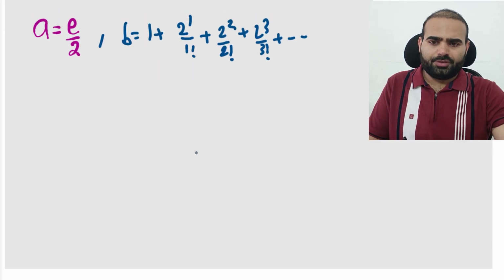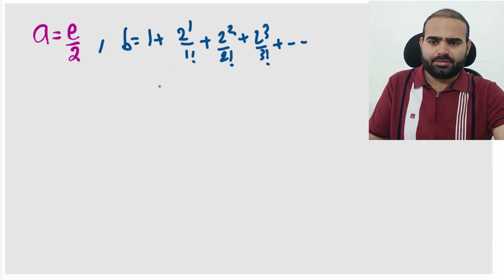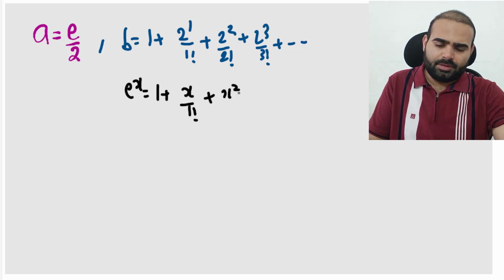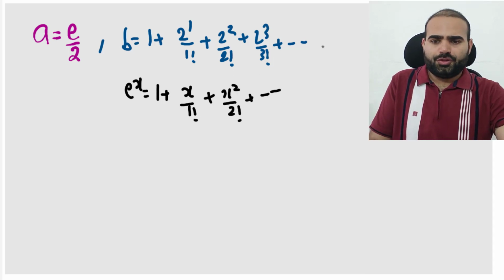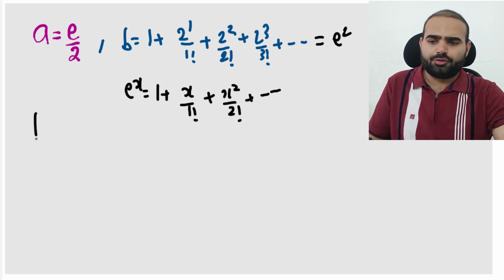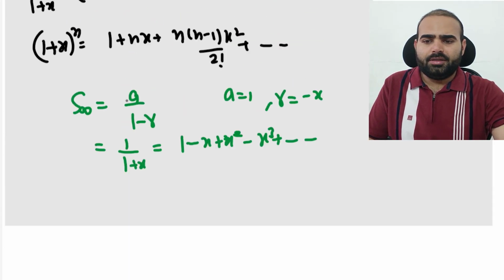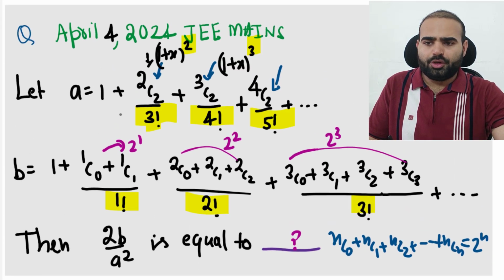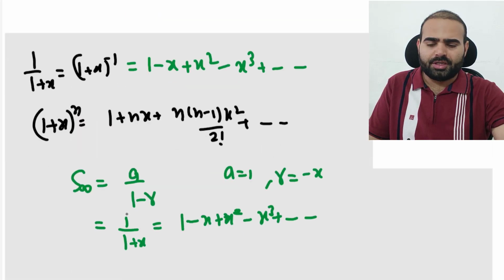So now you can notice actually this is related with the exponent, right? As you know, e power x is given by 1 plus x upon 1 factorial plus x square upon 2 factorial, like that. So this is nothing but e power x with x replaced by 2, so we have e power 2. And what we need to find? We need to find 2b upon a square, right?